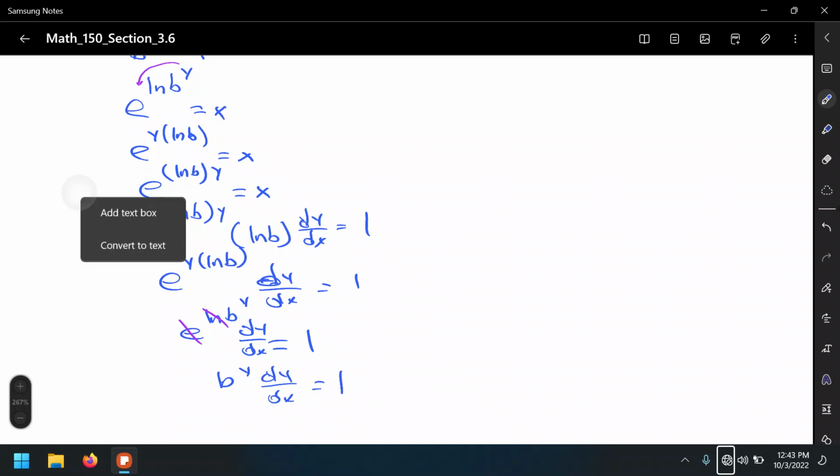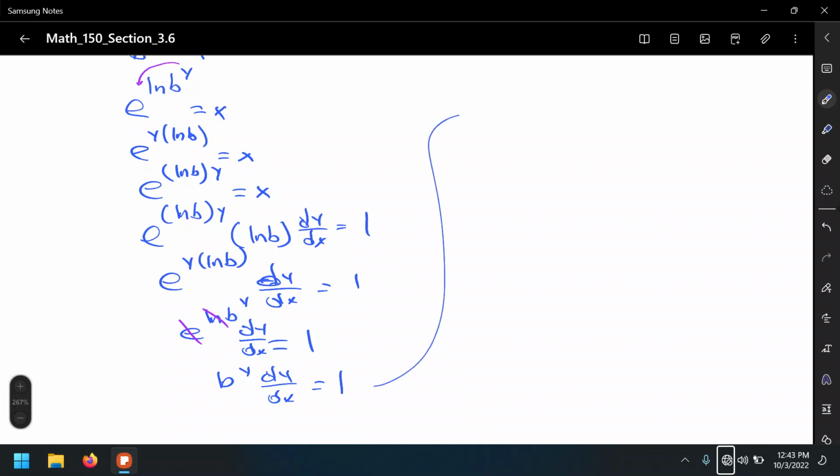All right, so we want a derivative, so that's dy/dx. I forgot the coefficient ln of b over here. I'm going to divide out ln of b, b to the y, that's 1 over ln of b, b to the y.